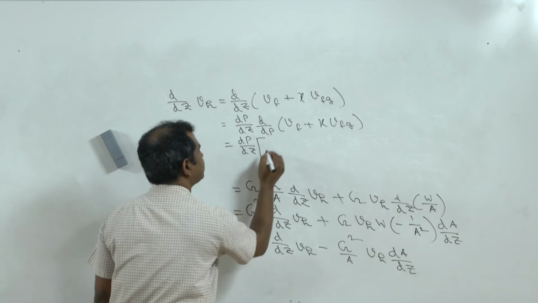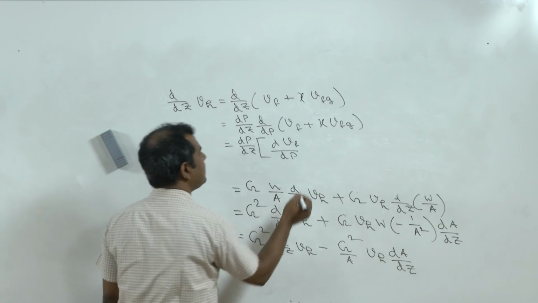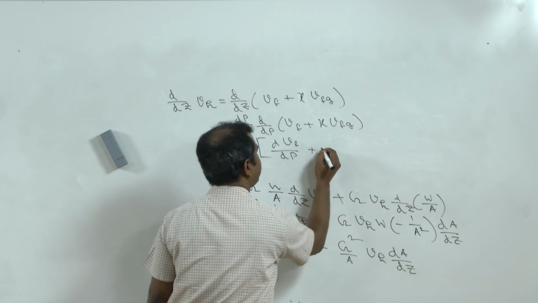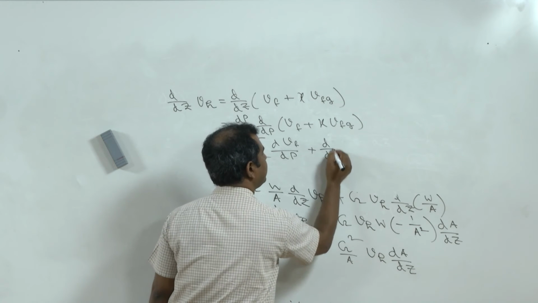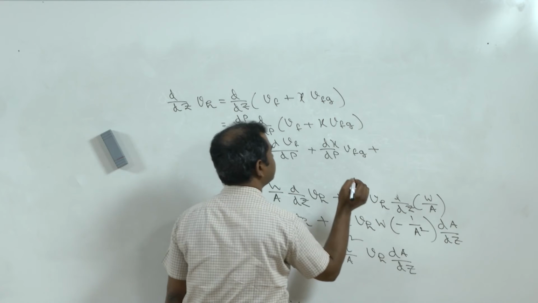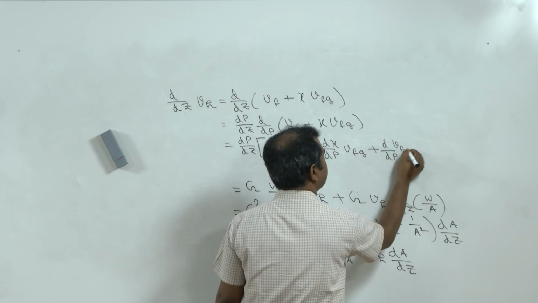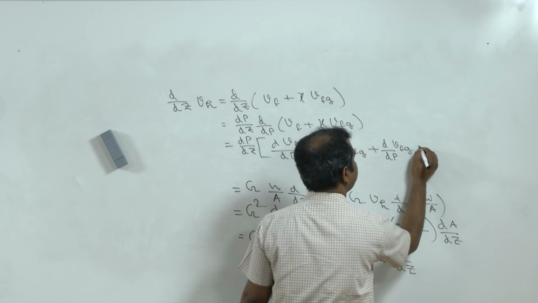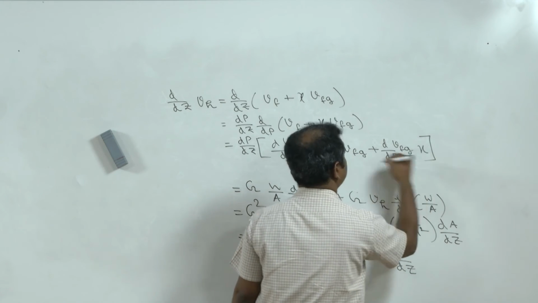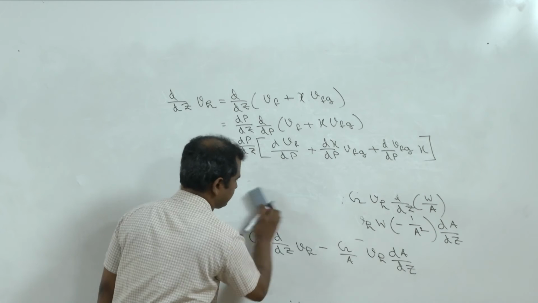So, we will first write down dvf/dP plus, here we are having by parts, d/dP of x vfg plus d/dP of vfg into x. Okay. So, let us proceed further over here.